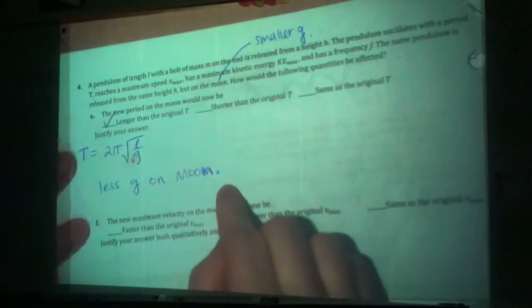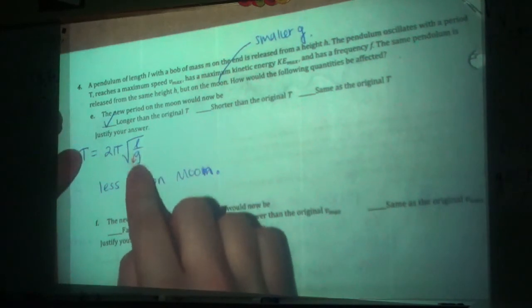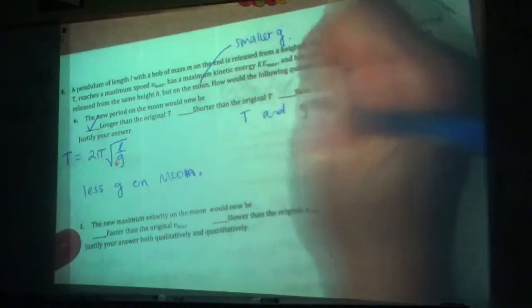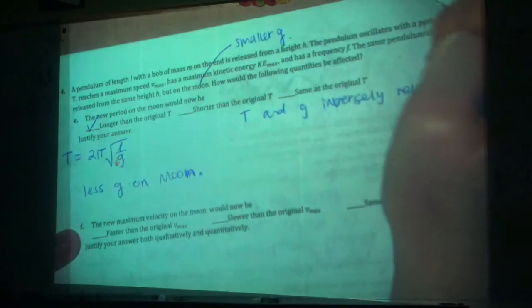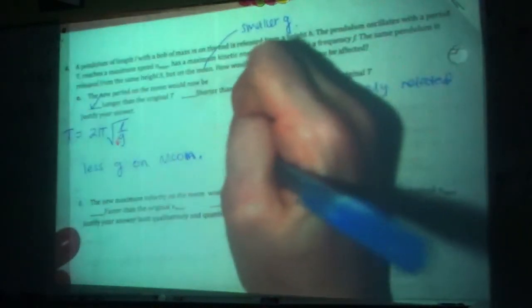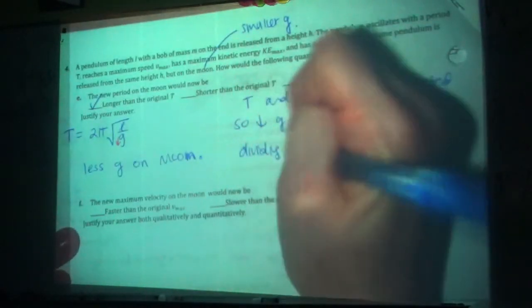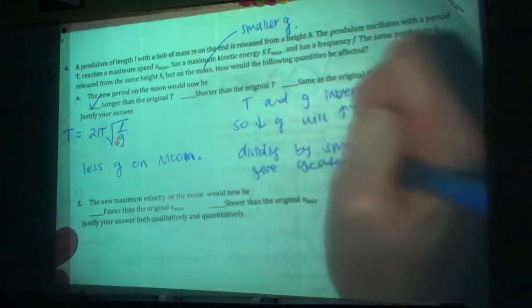So your answer is going to be longer, and you need to make sure you explain this. You can talk about an inverse relationship: decreasing g is increasing T. T and g are inversely related, so decreasing g will increase T. Or you could say dividing by a smaller g will give a greater T. Those are basically saying the same thing.